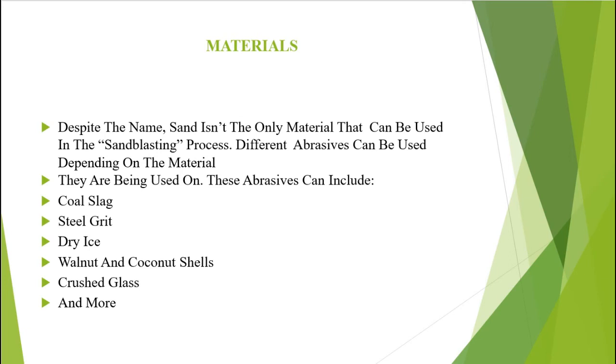Material. Despite the name, sand is not the only material that can be used in the sandblasting process. Different abrasives can be used depending upon the material they are being used on. The abrasives can include coal slag, steel grit, dry ice, walnut and coconut shell, crushed glass, and more.